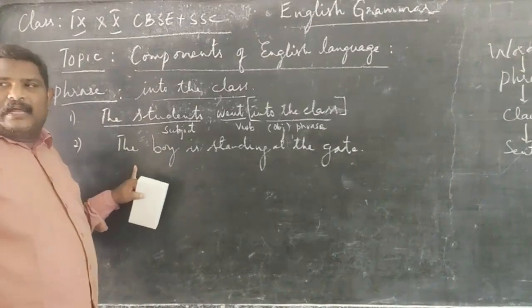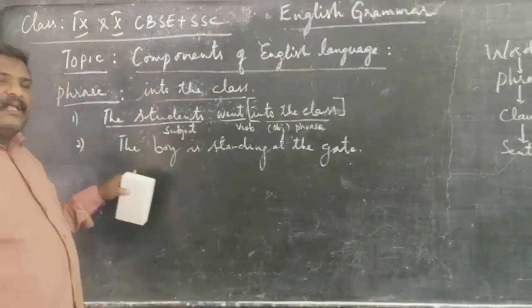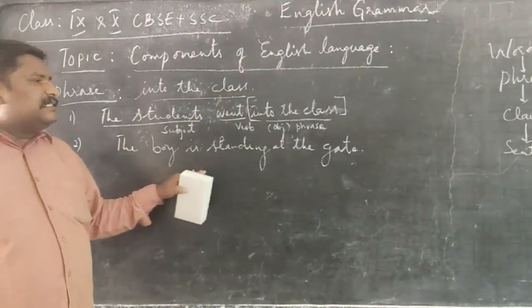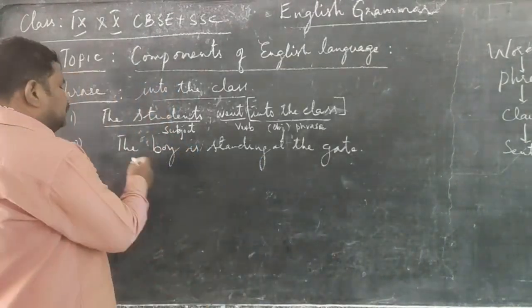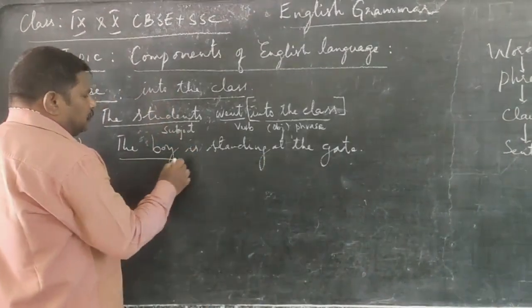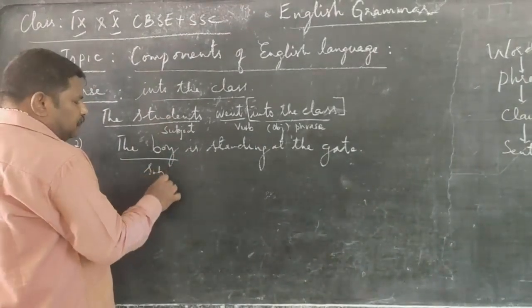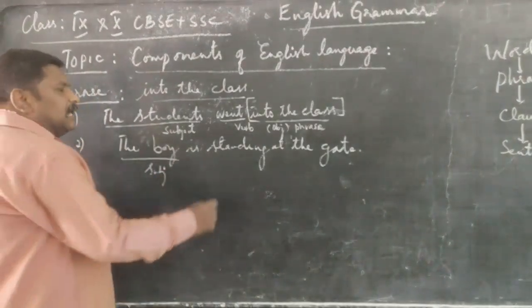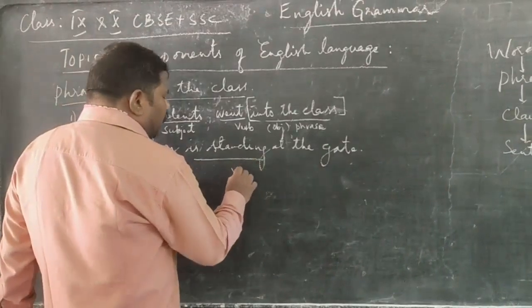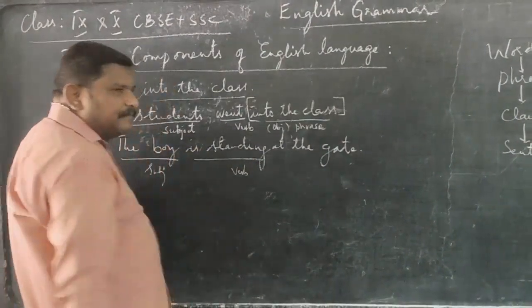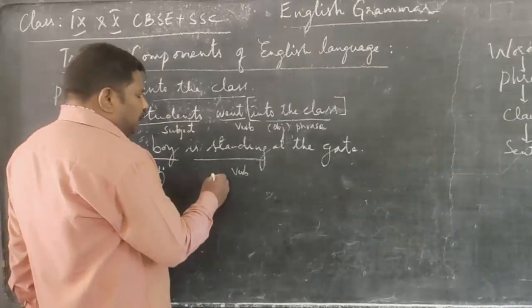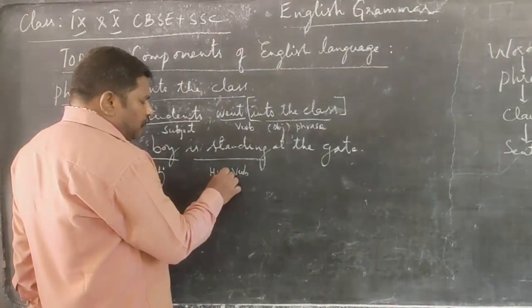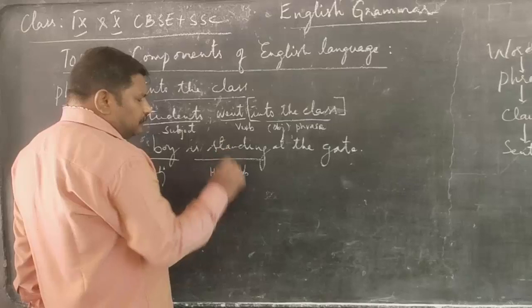Now, likewise, if you look at the second sentence, the boy is standing at the gate. Let me give you the clear picture. "The boy" is again a subject over here. "Is standing" is the verb portion of the sentence, where there is a helping verb and the main verb.